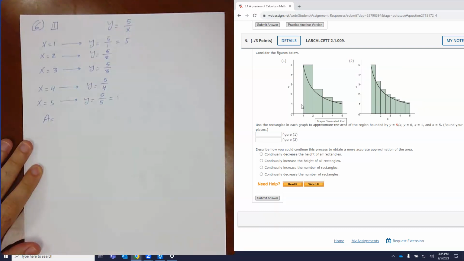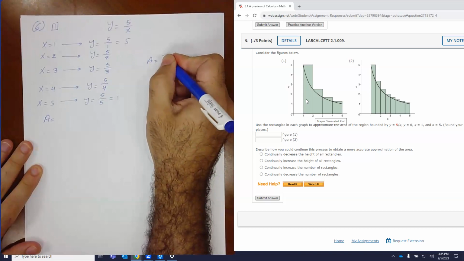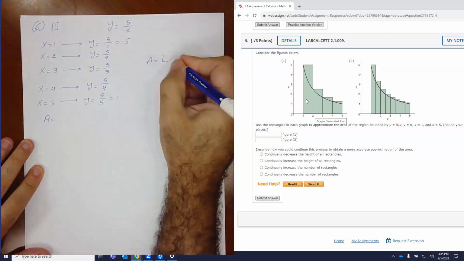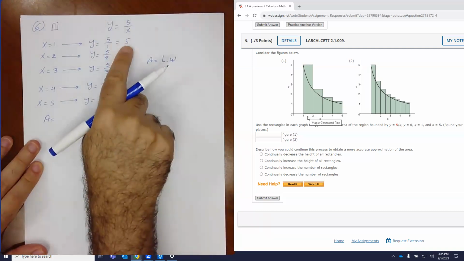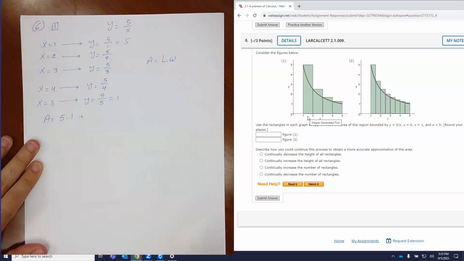For the first rectangle, the length is 5 and the width is 1, so 5 times 1, plus.